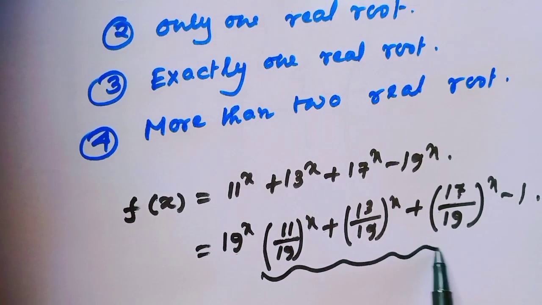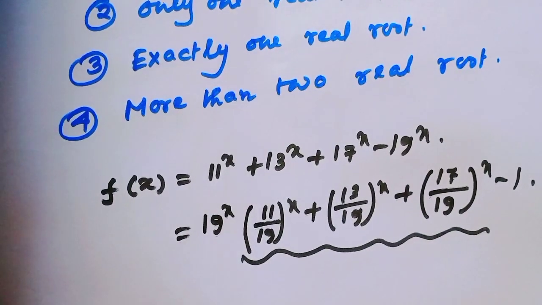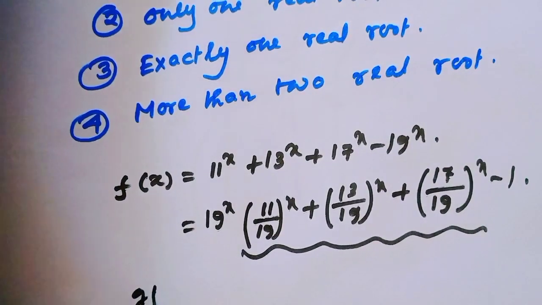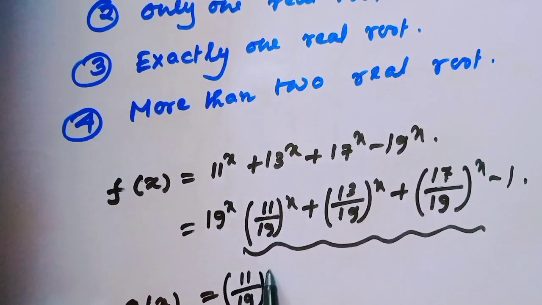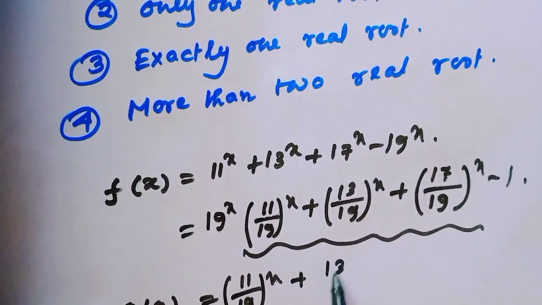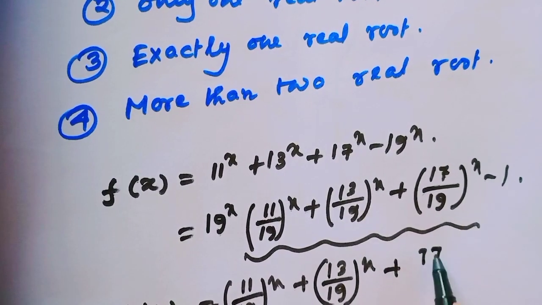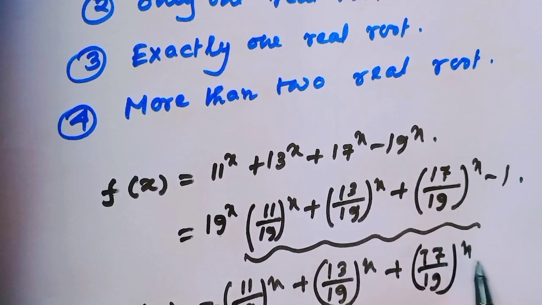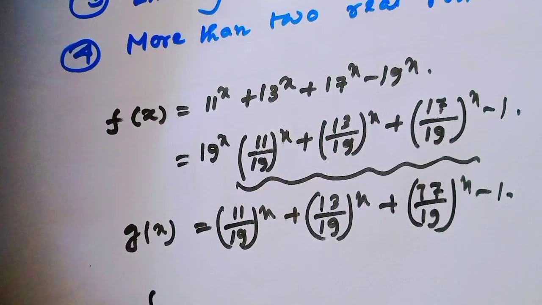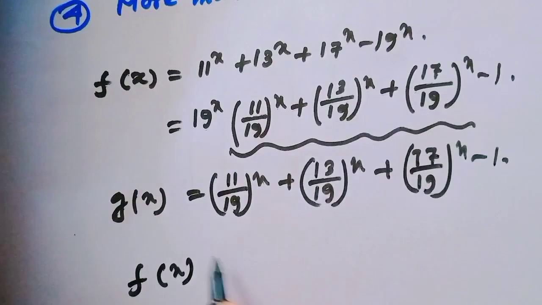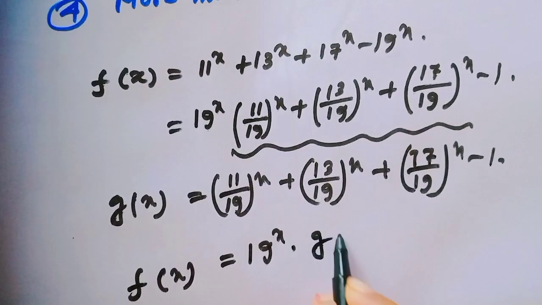Consider this new function as g of x. That means g of x equal to (11 over 19) to the power x plus (13 over 19) to the power x plus (17 over 19) to the power x minus 1. That means f of x equal to 19 to the power x times g of x.